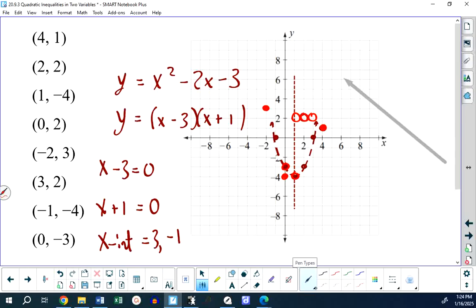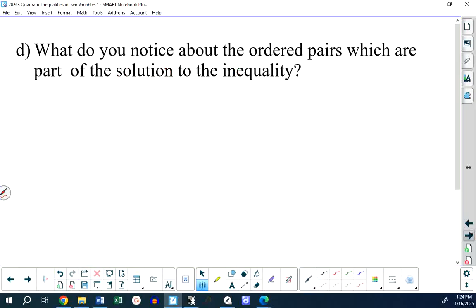On is equal to, above is greater than, below is less than for y. And this equation of the inequality was y is less than the quadratic function. So just to play the game here, what do you notice about the ordered pairs which are part of the solution?